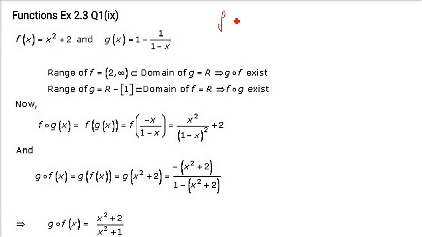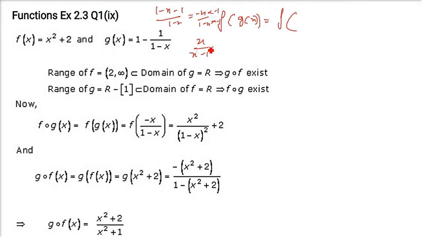Just remember x by x minus 1. So f of g(x), if you remember, was x by x minus 1. Just do it again. I multiplied by negative 1 myself just because I don't want a negative in the numerator.